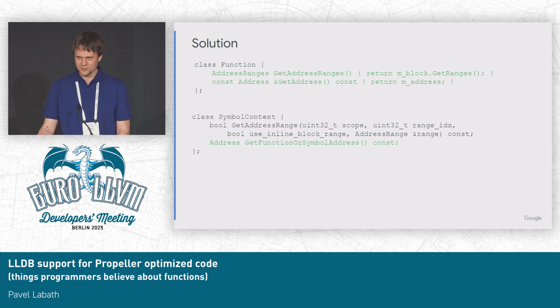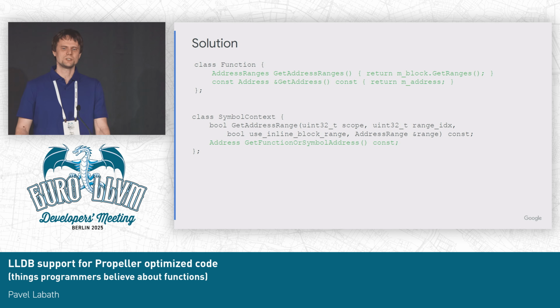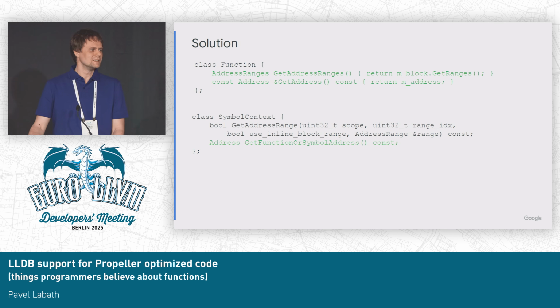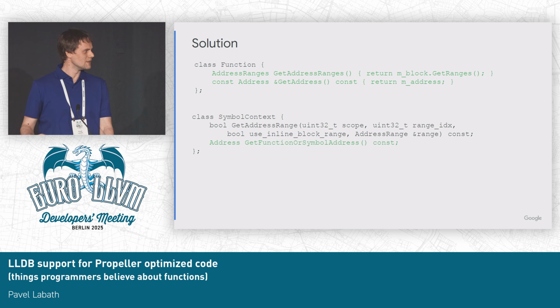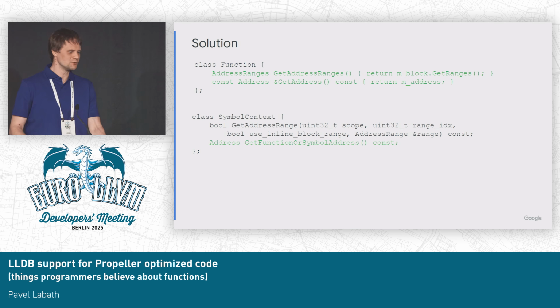The hard part there is updating all of the code which depends on these APIs to do the right thing when there are more than one range. I'm not going to talk about individual code because it's frankly not that interesting. What I want to share is some lessons I've learned while doing this, in the hope that making you aware of it will prevent similar problems appearing in the future.